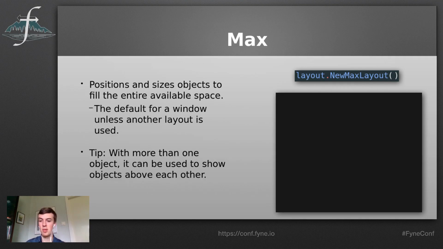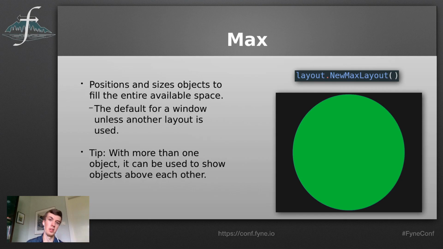A useful tip with the max layout is that if you pass it more than one object, and for example one of these objects has transparent parts, you can show them above each other, as in this example, with a black rectangle with a green circle above.